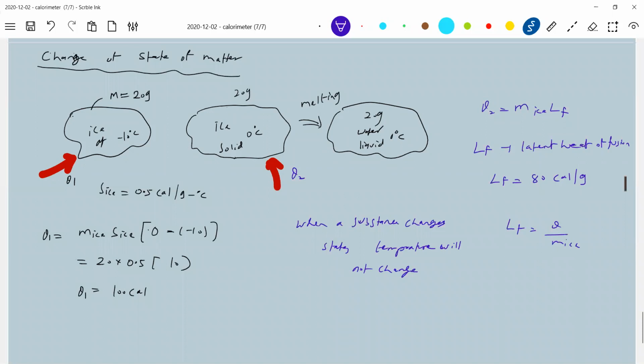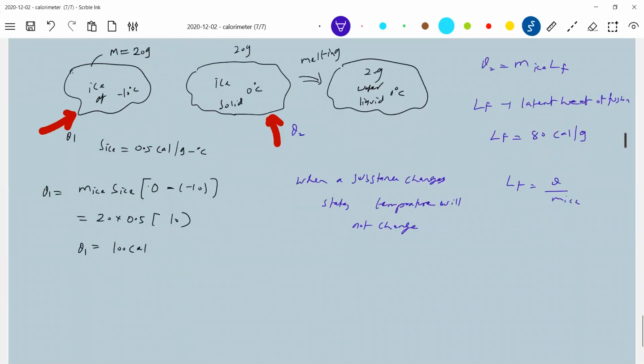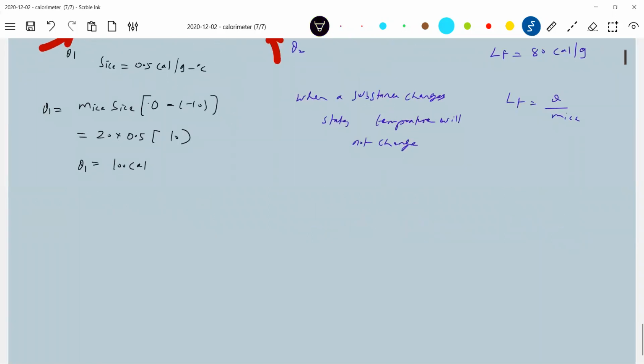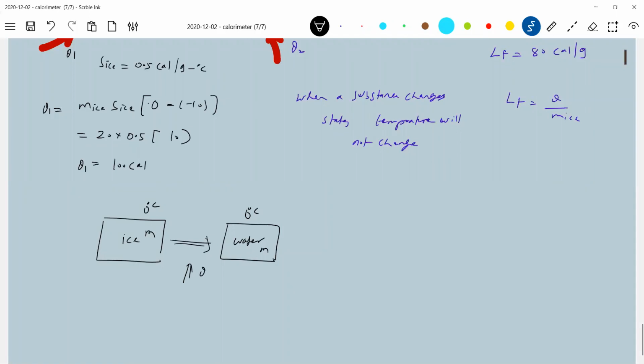Similarly, if water freezes to ice, what should happen? So let's make it generalized here. If there's ice, for it to become water, temperature I'm indicating here, we should supply heat, m gram. So what is Q equal to? M into LF. This is called melting.